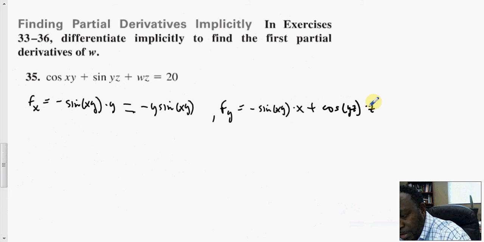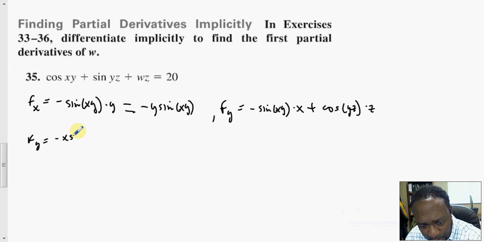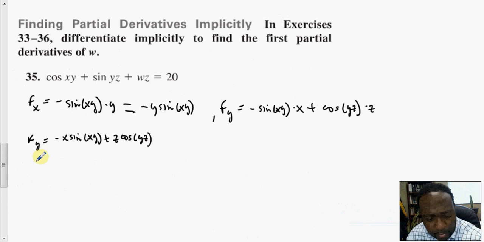That's just z. And you can simplify that. This partial of f with respect to y is negative x sine xy plus z times cosine of yz.